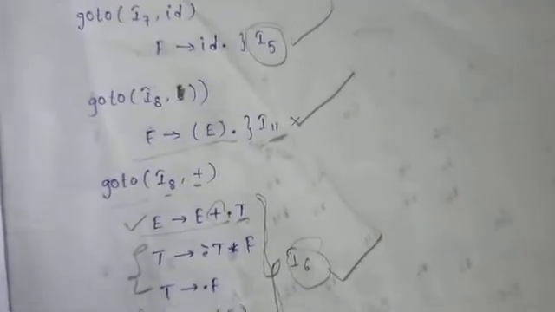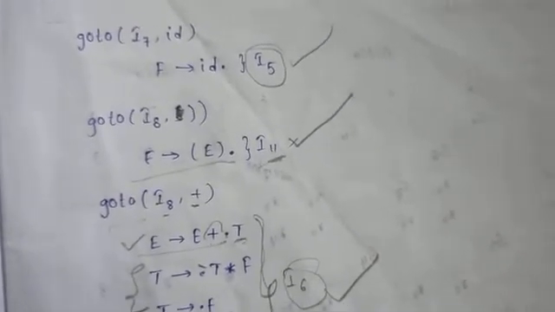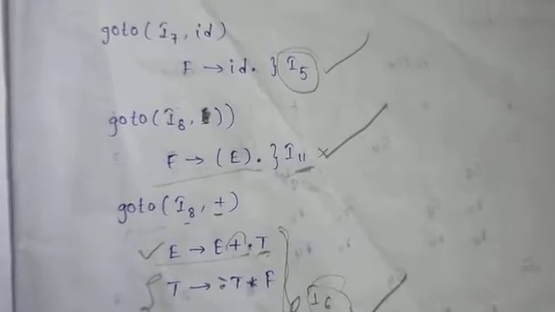In I10 and I11 the dot will be automatically moving. So this is the final step for the go to statement construction. Okay.